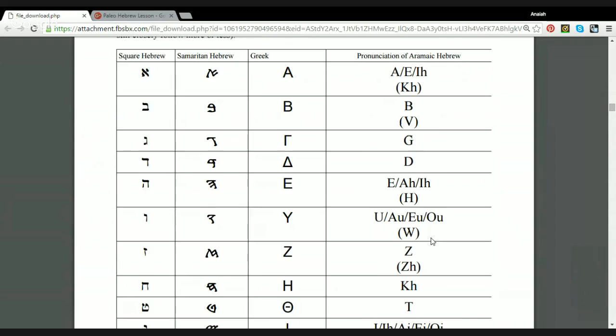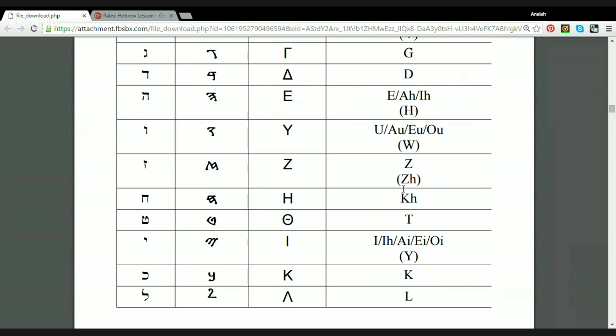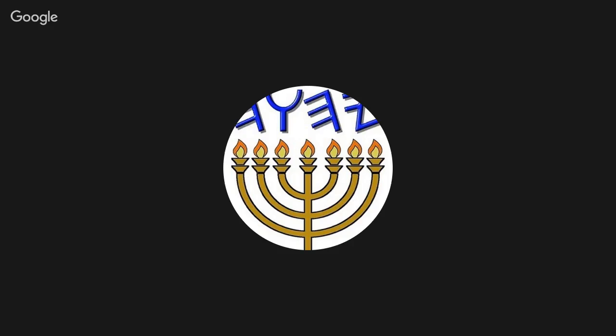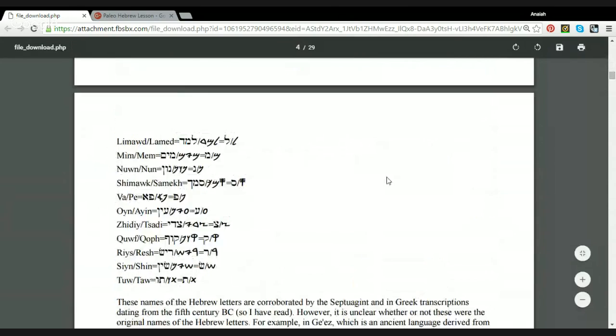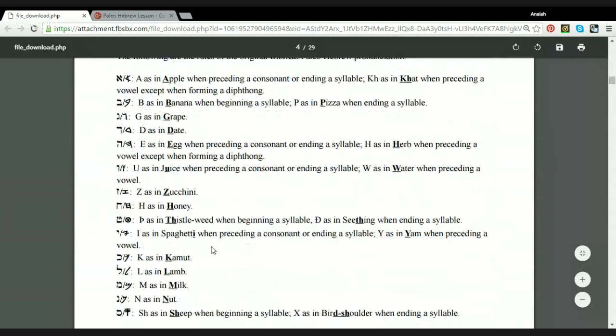And as I said, there are some slight differences in other dialects. Like, you've got V sometimes here, but V is a very late rendering. The ancient ones don't have V for Vav. Then you've got Z here and J. And so in Aramaic, this can be Z and J when preceding a consonant or ending a syllable.